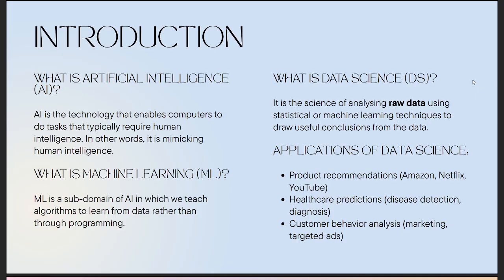Even in healthcare predictions or customer behavior analysis like marketing, targeted ads, if you search for a product, let's say on Google, you can pretty much expect to be shown an ad of that product on YouTube. So all of this is because of artificial intelligence and data science and machine learning.